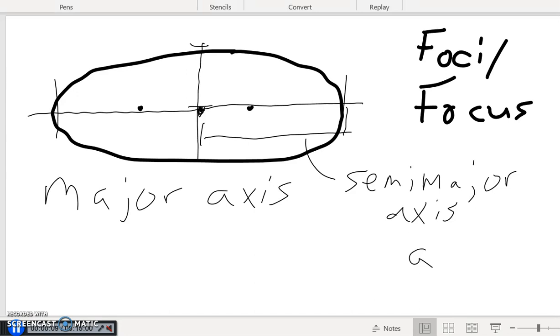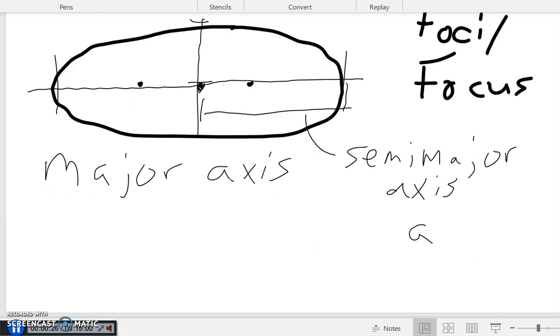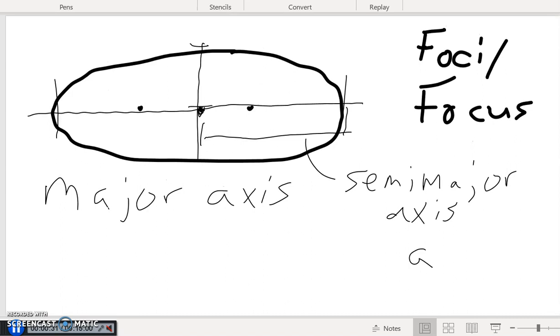And as I was saying, a circle is just one of the types of ellipses. Ellipses come in various families, and a circle is a specific type of ellipse where the two foci lie right on top of one another.